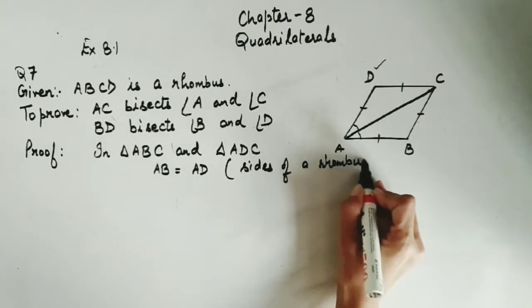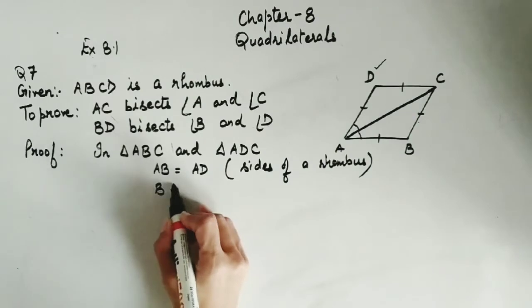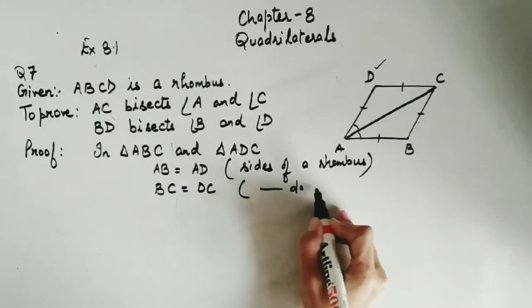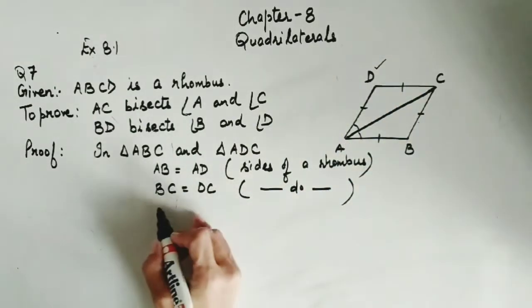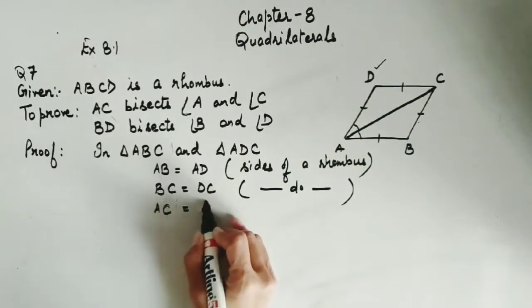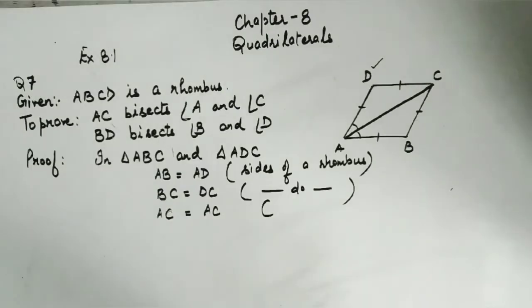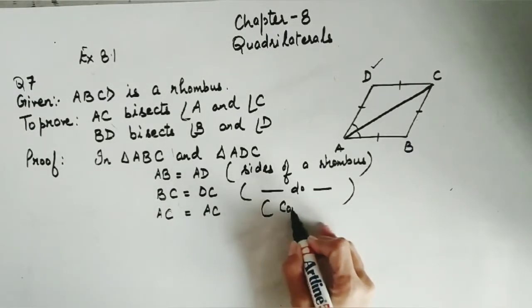Next we have BC is equal to DC. Same reason. And then comes the common side. AC is equal to AC. That's a common side.